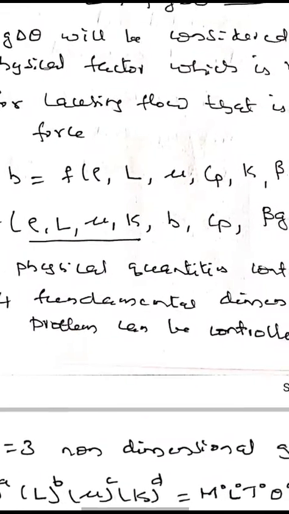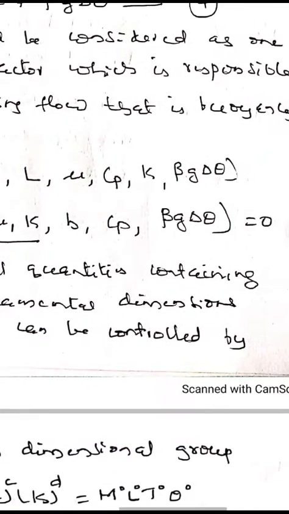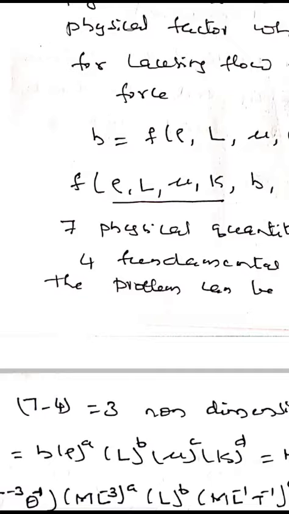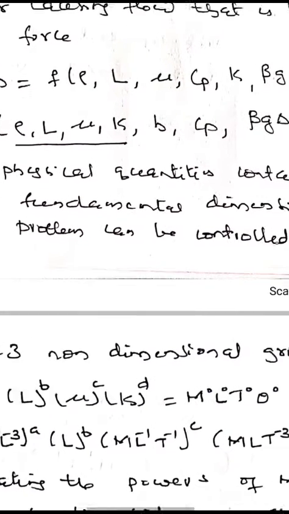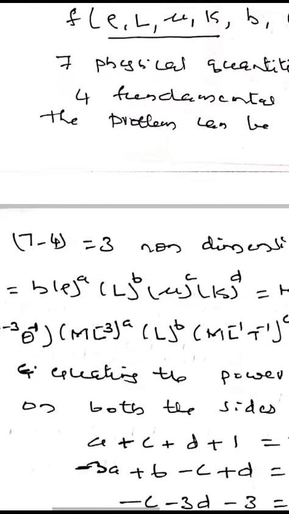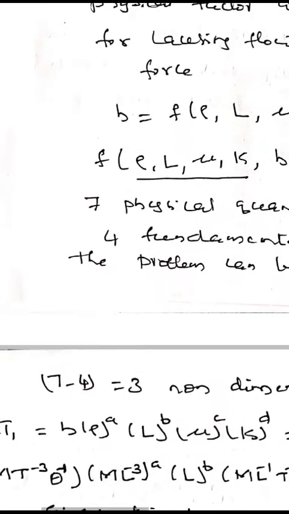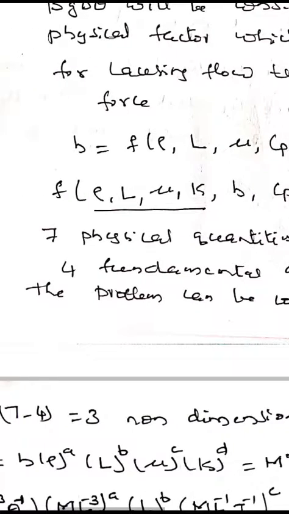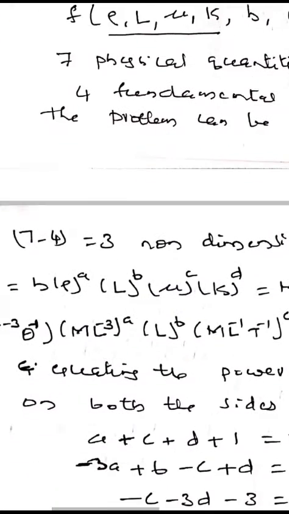It contains 7 terms containing 4 fundamental dimensions L, M, T, theta. Choosing rho, L, mu, K as repeating variables and h, Cp, beta g delta theta as dependent variables, according to Buckingham pi theorem, the number of pi terms will be 7 minus 4, that is 3.